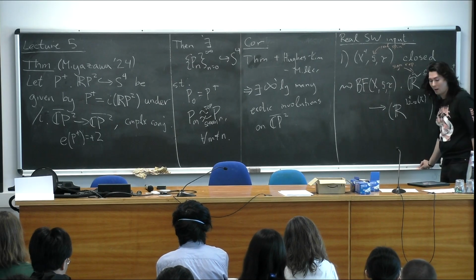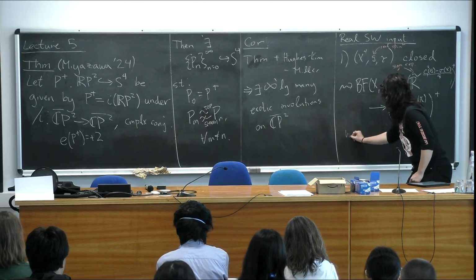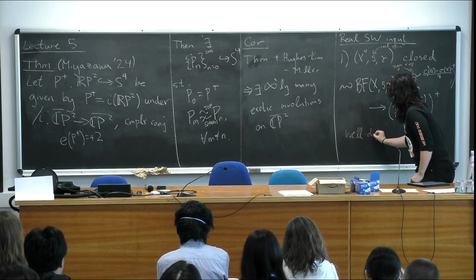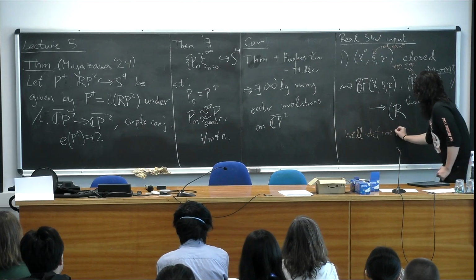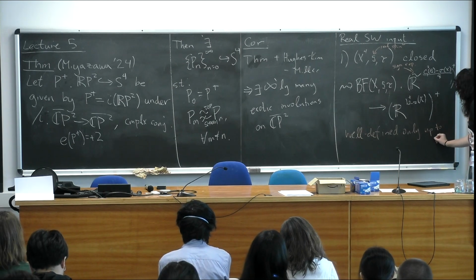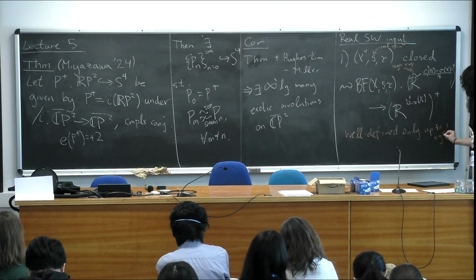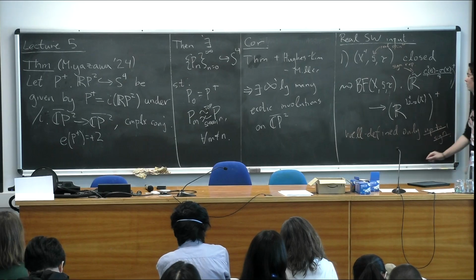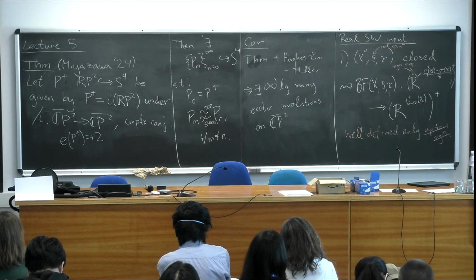And just as a big caveat, and this is really important, this entire map is well defined only up to sign. And this is just a part of this setup.